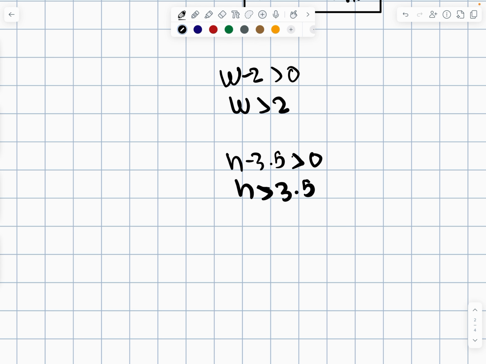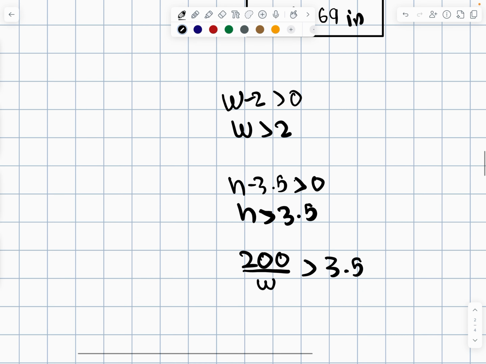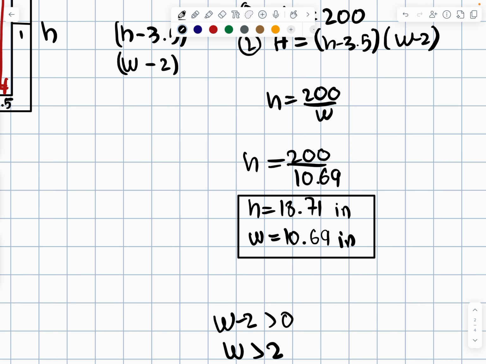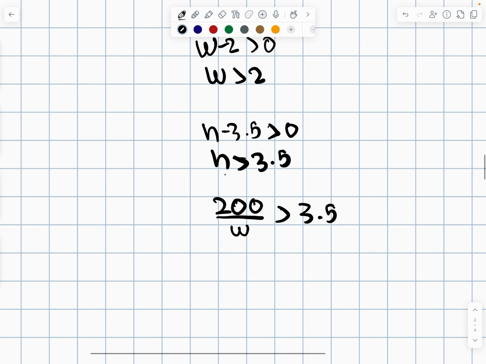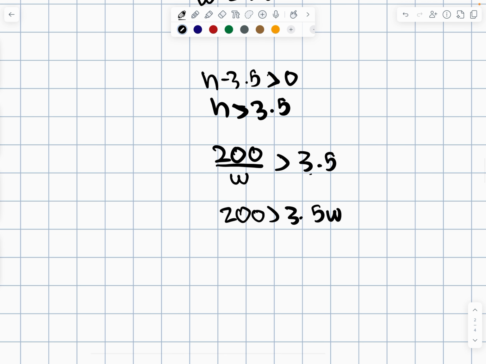And then now we're going to do that with 200 by w is greater than 3.5, because when we derived H, it gave us 200 by w. So now I'm doing the same thing, but I'm just substituting 200 by w for H and having it greater than 3.5. So once we do that, we're going to have 200 is greater than 3.5w. We'll divide by 3.5 on both sides.